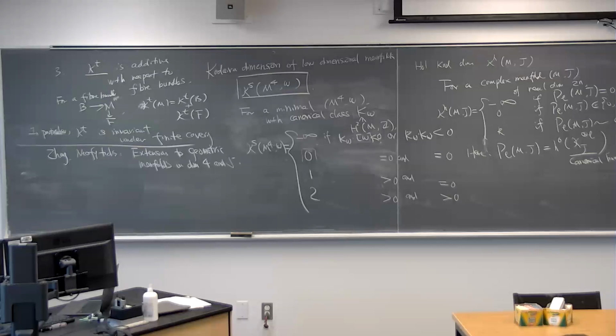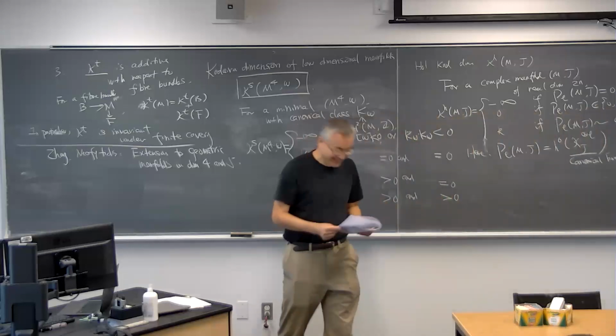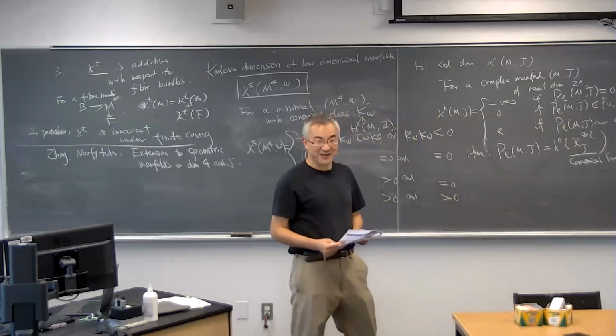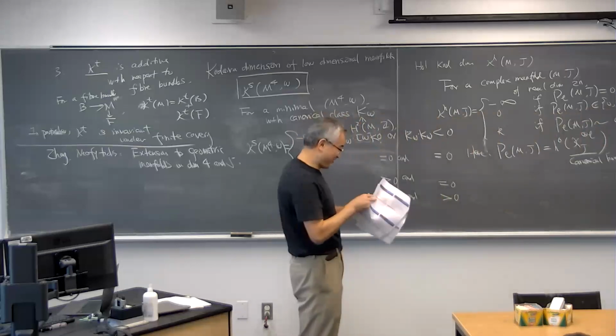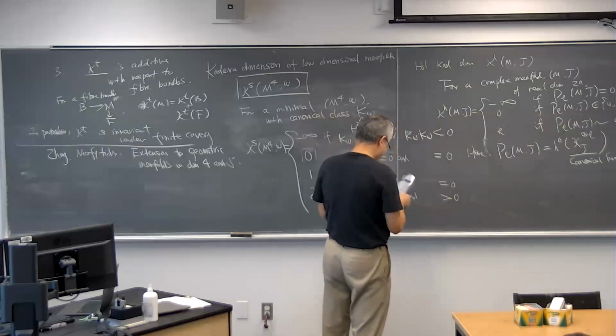It looks like there's one case missing. Good, very good. Yes, that case does not happen for a minimal symplectic 4-manifold. Yes, so that's a fact. It's just the missing case.